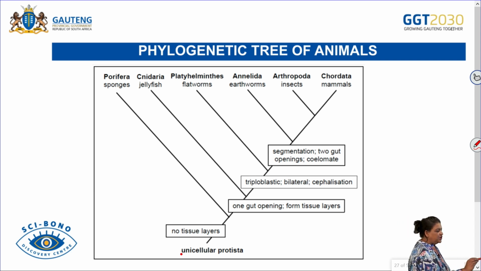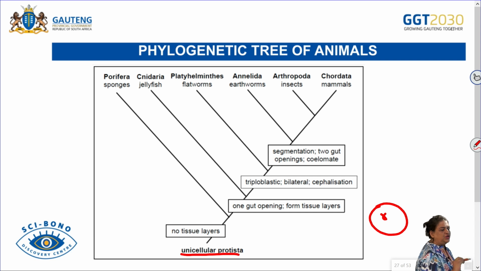Now, let's look at the word unicellular, Protista. As much as humans are the highest order of animals, you have a very simple animal, which is just made up of one little cell. One cell with one little nucleus can be an organism, which just moves on its own. When an organism is made up of just one cell and capable of moving and eating food, that organism is called unicellular.